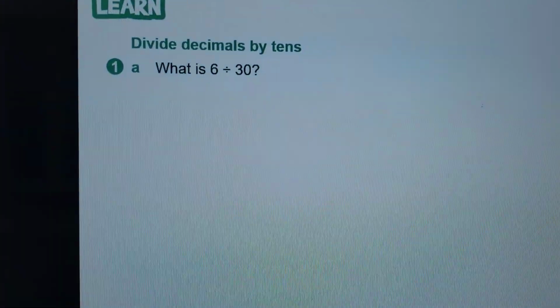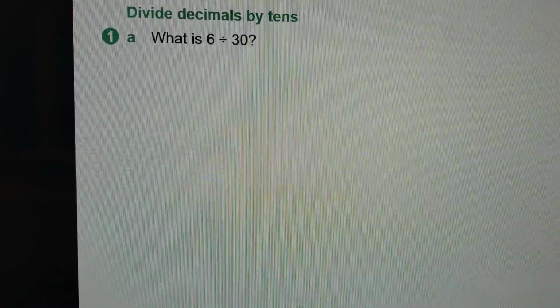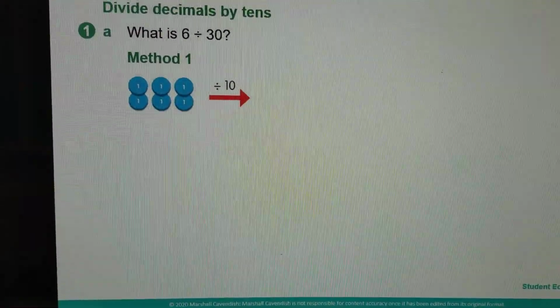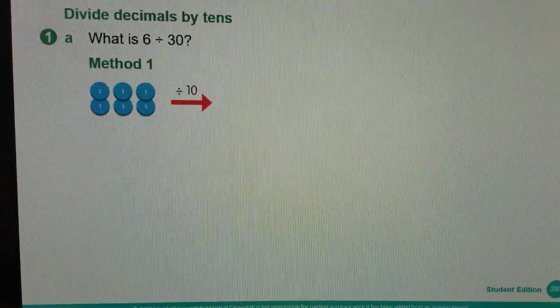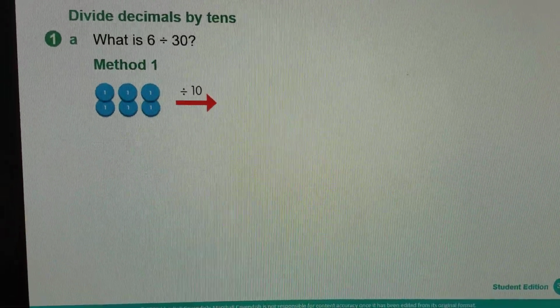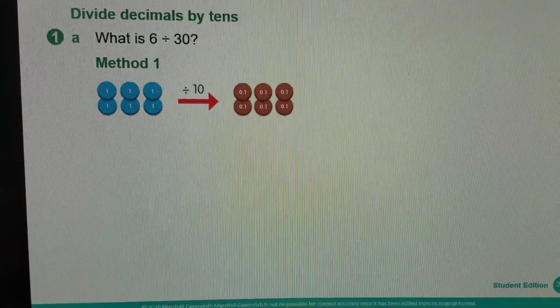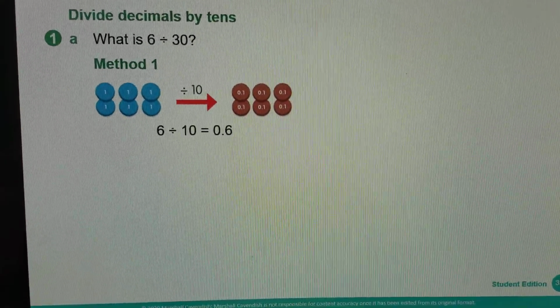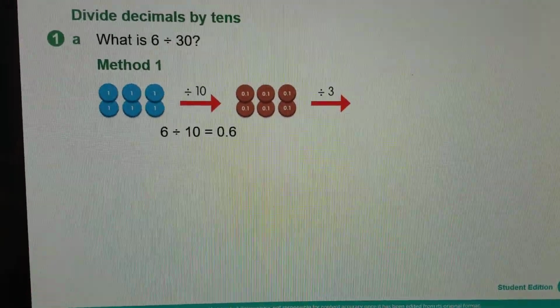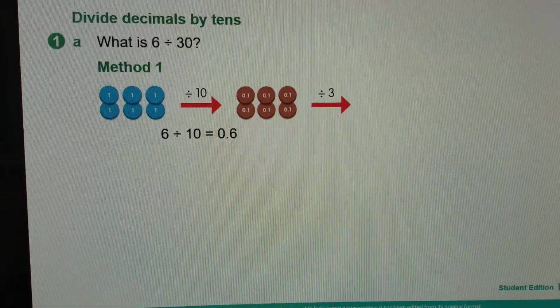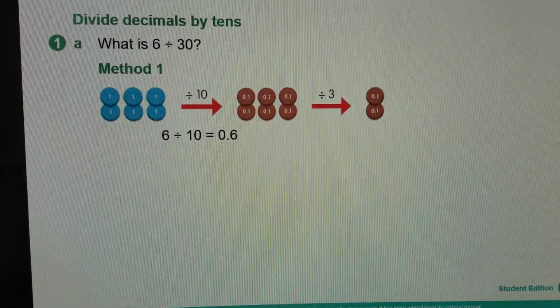So I'll show you here with a place value chart. It might be easier for you to understand it that way. So it's showing us first with the chips. If I have 6 ones divided by 10, I have 6 tenths, right? Then if I have 6 tenths divided by 3, I have 2 tenths, right?